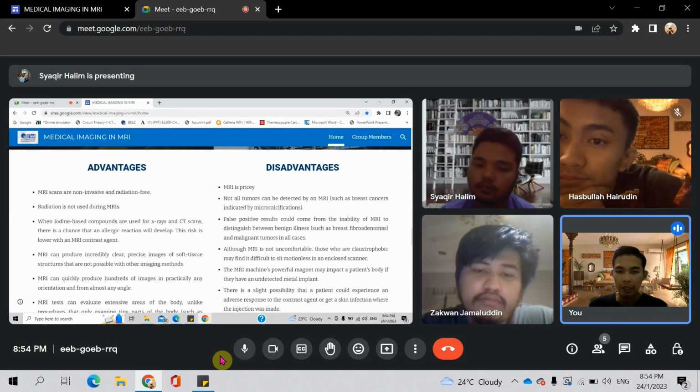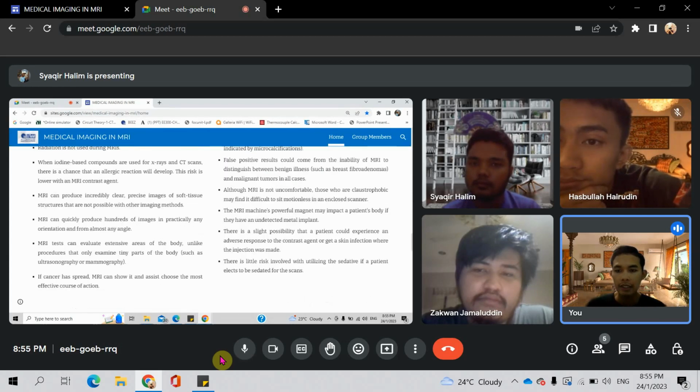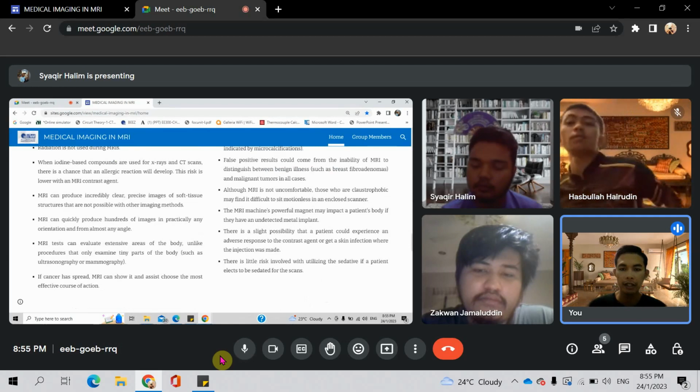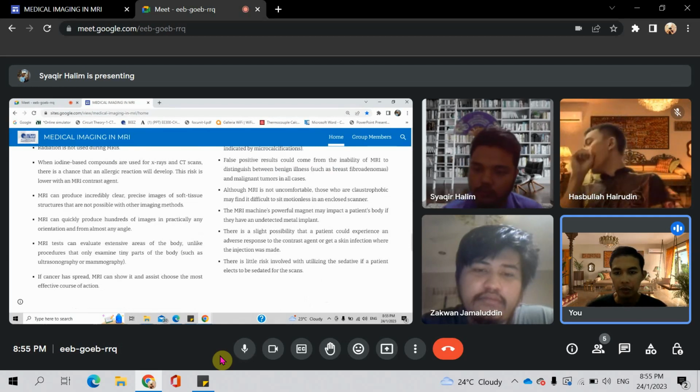There is a slight possibility that a patient could experience an adverse response to the contrast agent or get a skin infection where the injection was made. And lastly, there is a little risk involved with utilizing the sedative if a patient expects to be sedated for the scans. Okay, next.